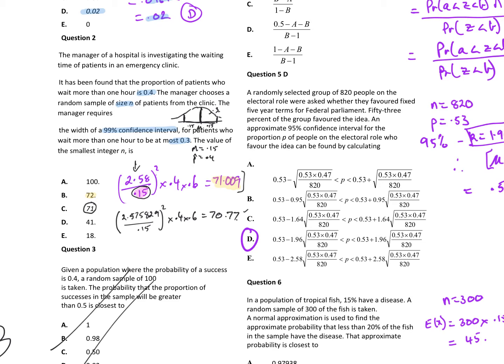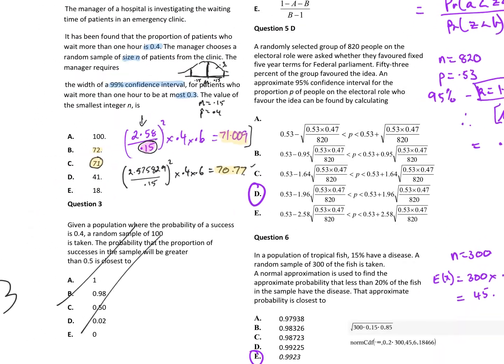So the correct response is 70.77. So you can see the importance of making sure you carry enough decimal accuracy. Just don't round values off. You can never be too accurate, okay? So the correct answer there is 71, all right?